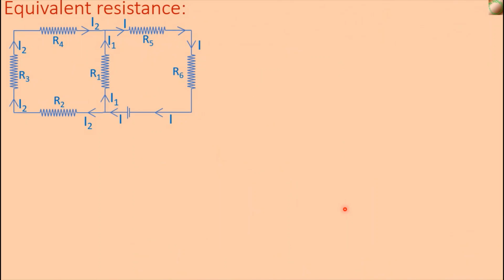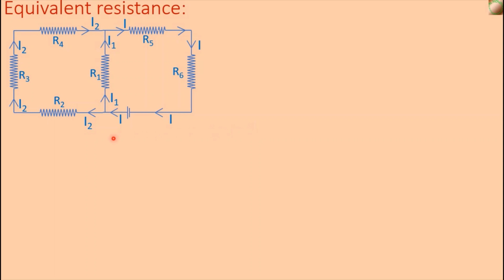Another electric circuit. Here R1, R2, R3, R4, R5, R6, that is 6 resistances, are connected in this circuit, and current I is flowing through this circuit.